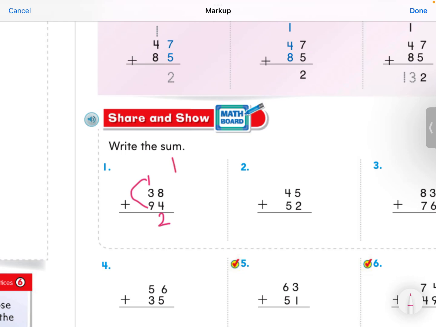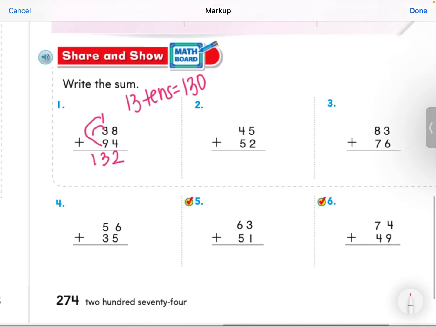So friends, if I have 13 tens, that is equal to 130. And I have a 2 in the ones place. So my answer is going to be 132. When I have 10 ones, I get a new 10. When I have 10 tens, I get a 100s block.